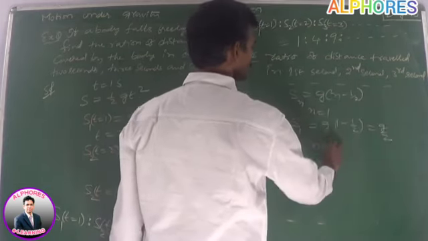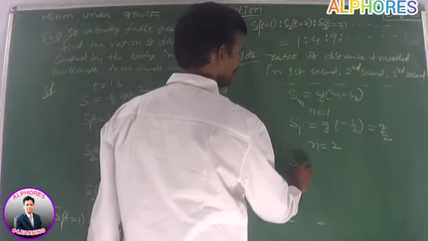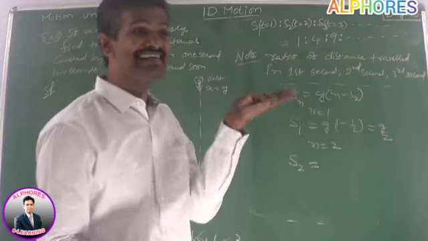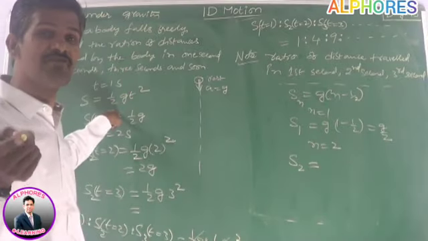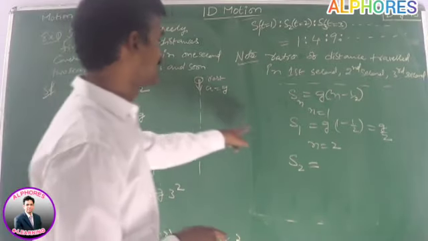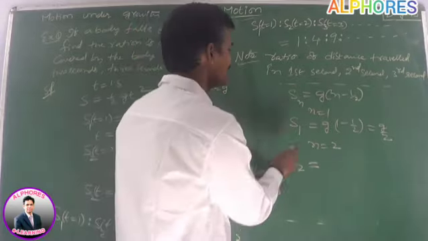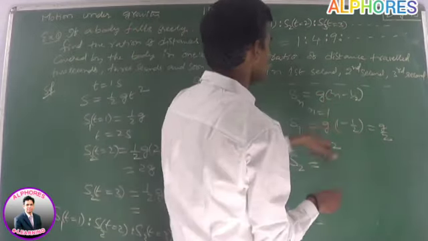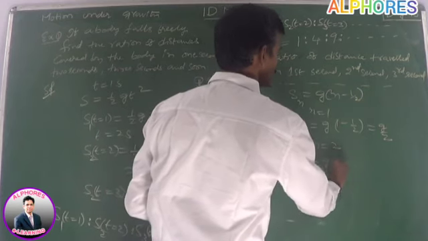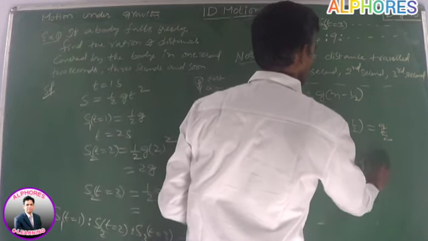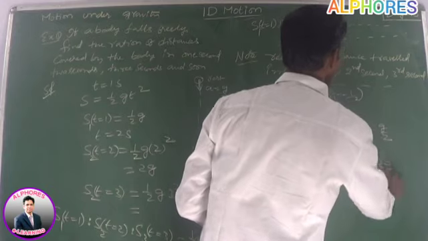If n is equal to 2, you get S2, the distance traveled in the second second. Here they are asking the distance traveled in the second, not in 2 seconds. That is obtained by g into n minus half, so this is g into 2 minus half, that is 3g by 2.